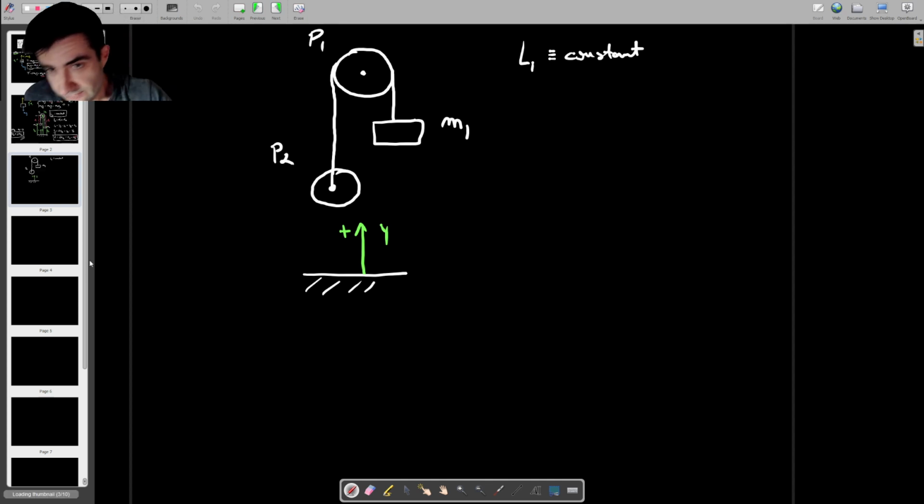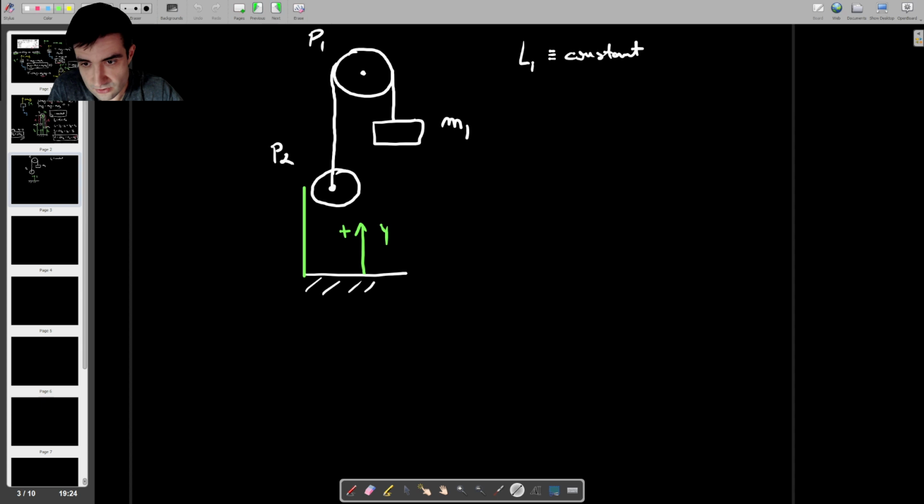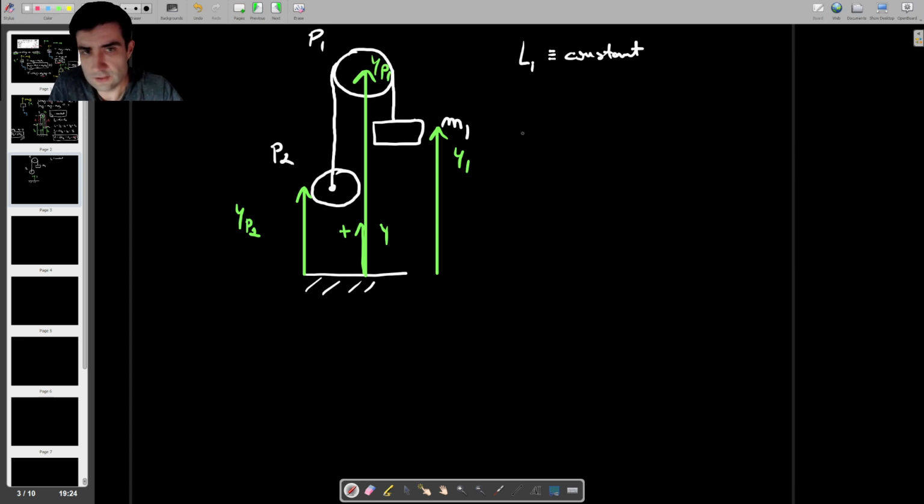Then I can express the y's of each component. So this is yp2, this is y1, and the final y, this is yp1, I guess. So we can write the length as the left hand side, which is this bit, plus this bit.